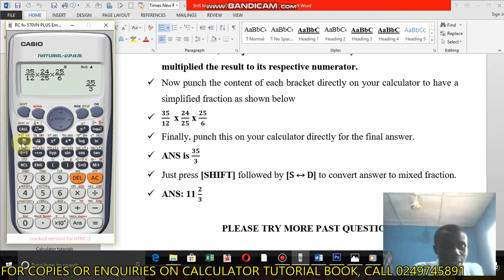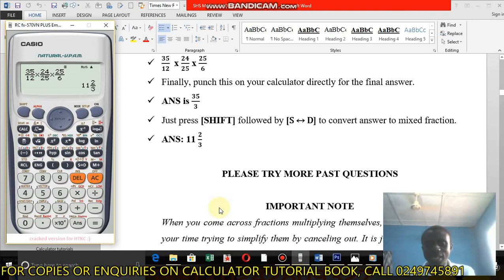You just have to press shift, then S-D. Then it converts it to 11 whole number 2 over 3. That is what you have there. So that is how easy we were able to go through this BODMAS with the use of the calculator. That is it.